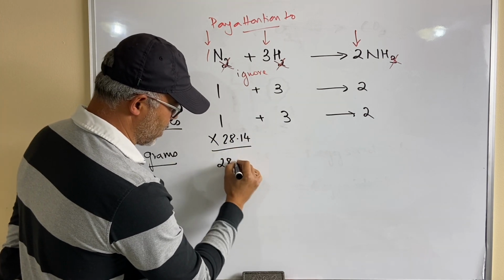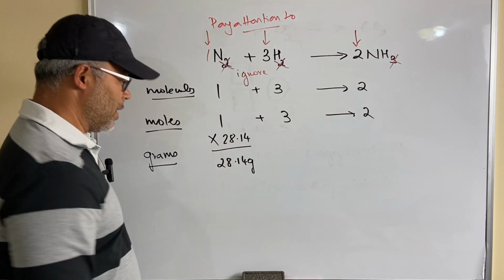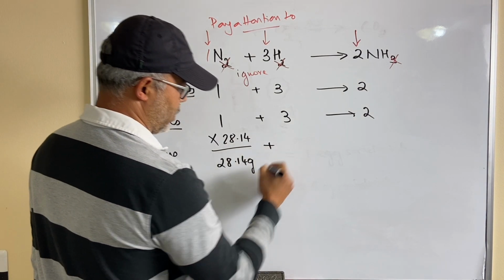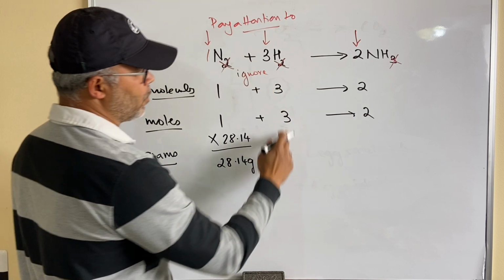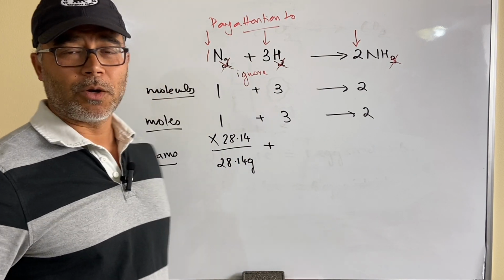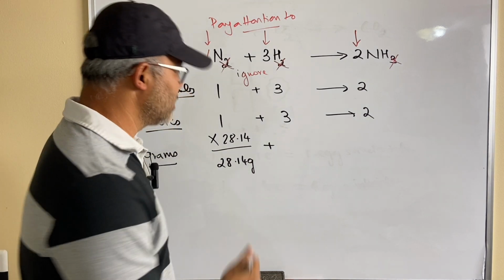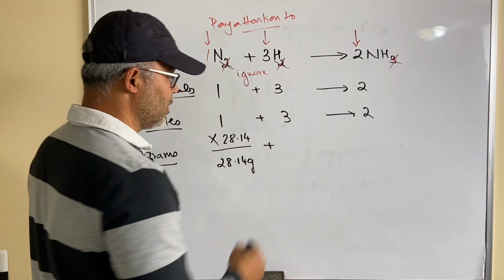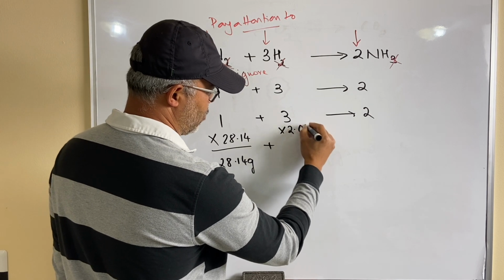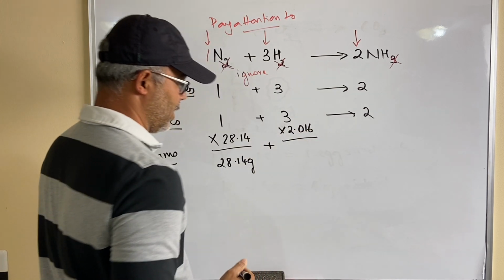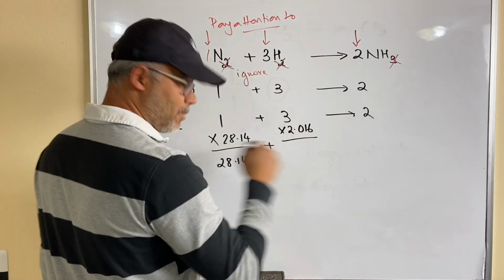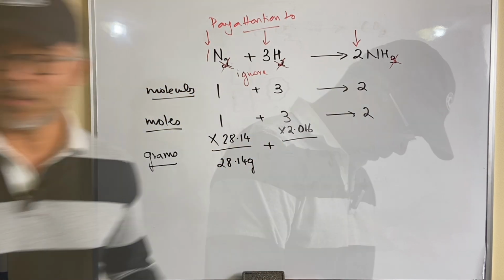Multiply that gives me 28.14 grams. That means if we combine 28.14 grams of nitrogen with 3 times hydrogen, so 1 hydrogen is about 1.008. Because there's 2, the molar mass of that is 2.016. And since there are 3 total units, we multiply that with 3, and that should give us, sorry, I have to go get my calculator.